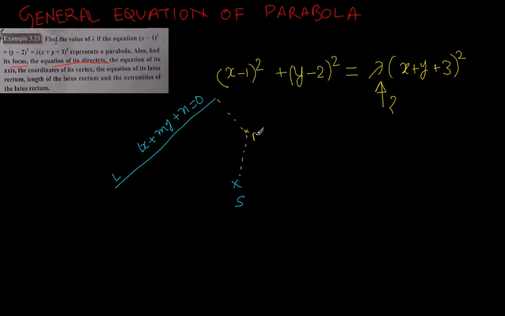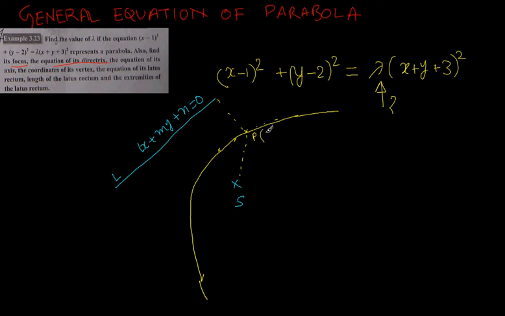This is my variable point. You will get points like this, and if you find the locus, you will get something like this, a parabola.